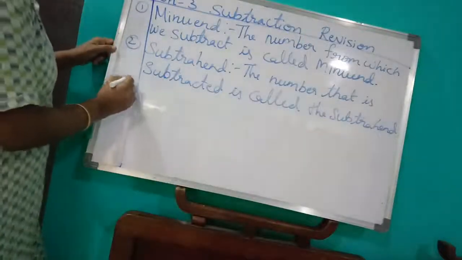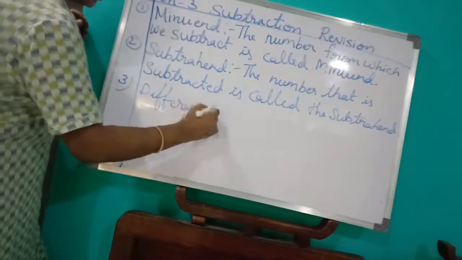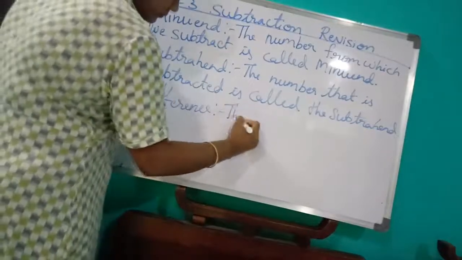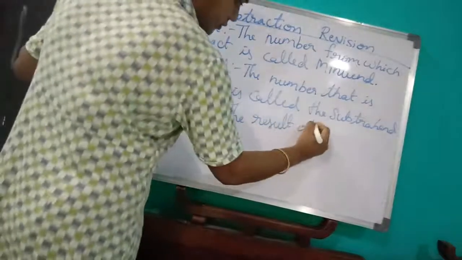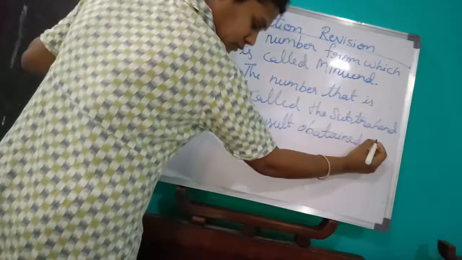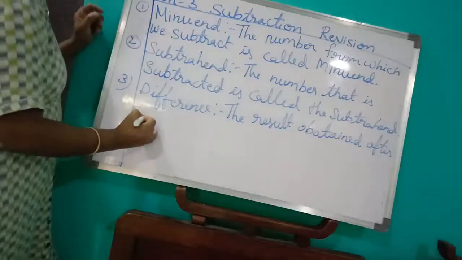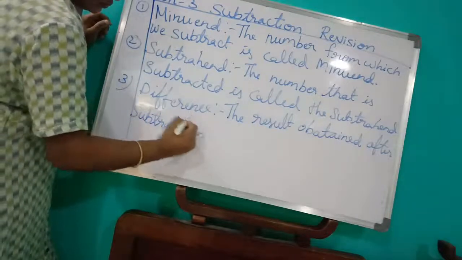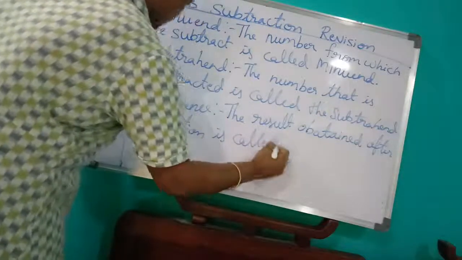Next, third one, difference. The result obtained after subtraction is called difference.